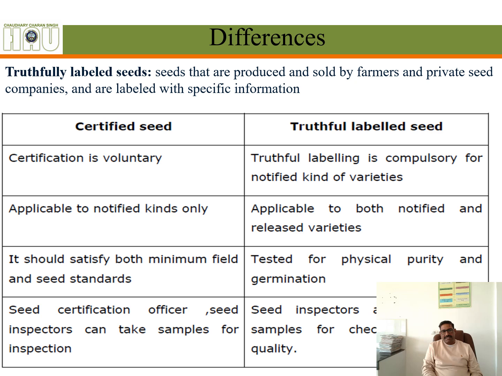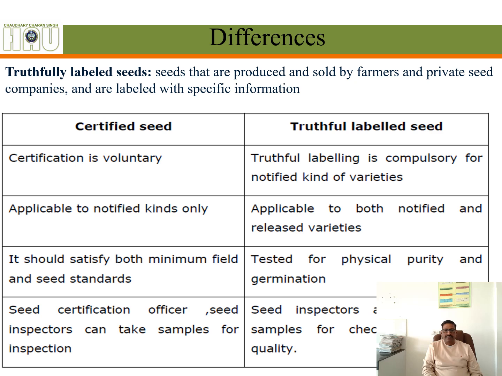In certified seed, certification is voluntary, while in TFL seed it is compulsory. Certified seed is applicable to notified kinds of seeds only, while TFL is applicable to both notified and released varieties.